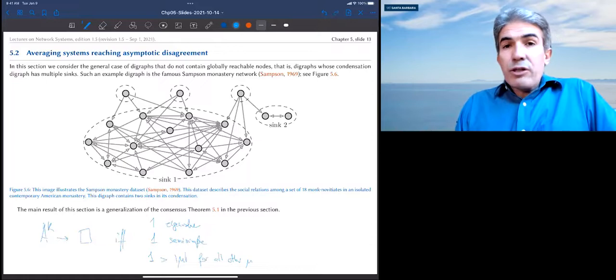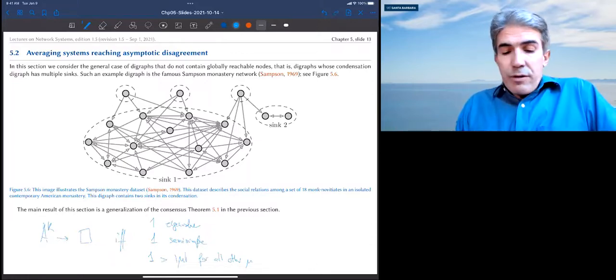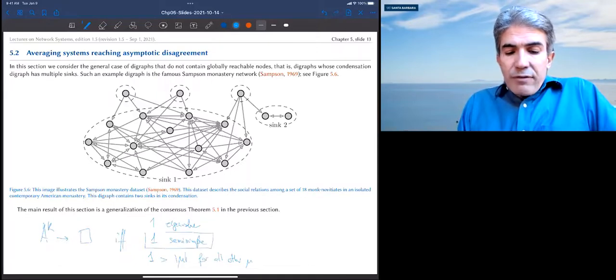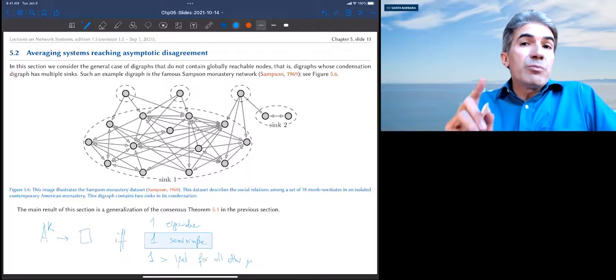So what I'm trying to remind you of is that in chapter 2, in the convergence theorem, we are allowed to have semi-simple eigenvalues at 1 to have convergence. It does not need to be simple.